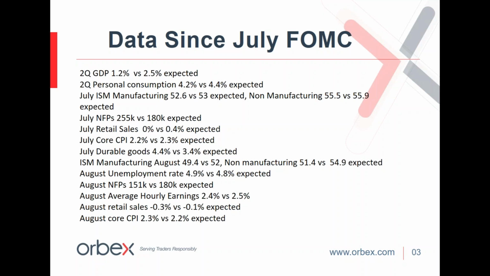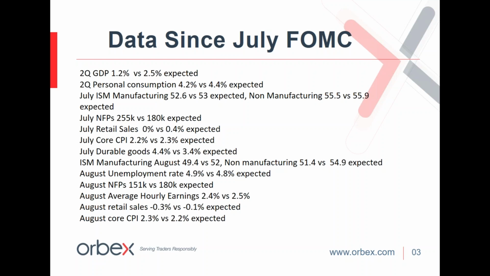And alongside this, we actually saw some fallback in the August jobs report, with non-farm payrolls printing 151,000 versus 180,000 expected. Alongside this data then, highlighting weakness in earnings and employment, we had August average hourly earnings falling to 2.4% versus 2.5% expected, highlighting some weakness and stalled momentum in wage growth.